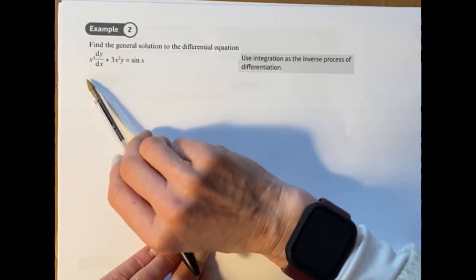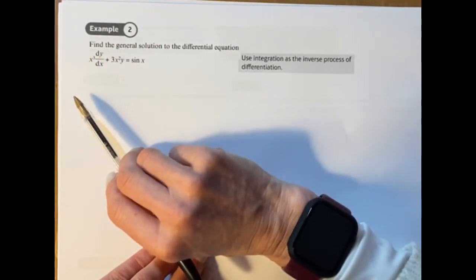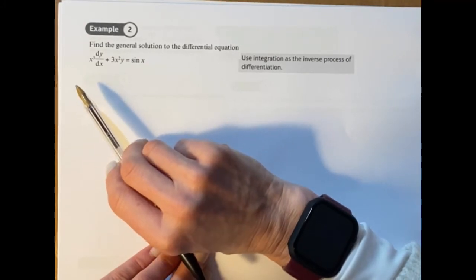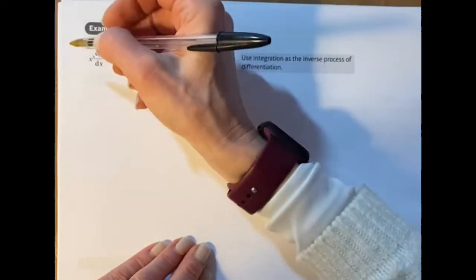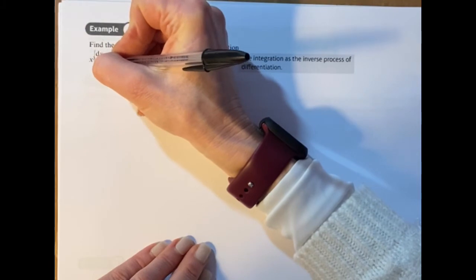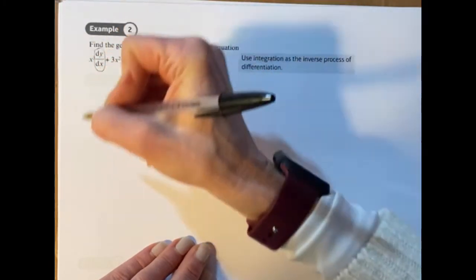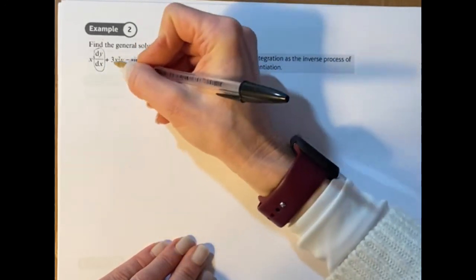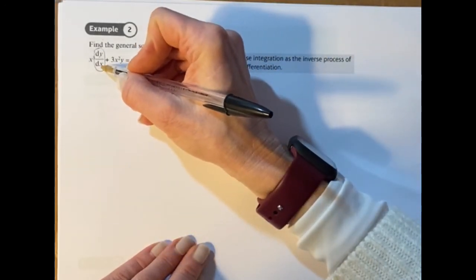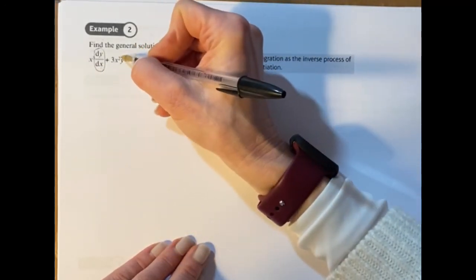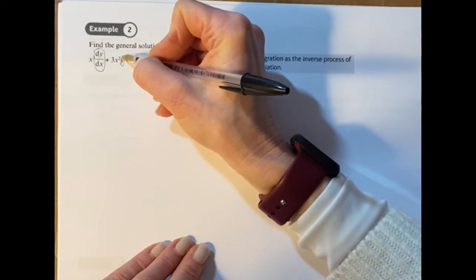So then the second thing we could check is whether over here the left hand side is a result of a product being differentiated. And what you are going to look for is, first of all, focus on dy dx. That's part of the first term, and then you're looking for the integral of that, so y, on the other side. Have you got it? Yes, you have.